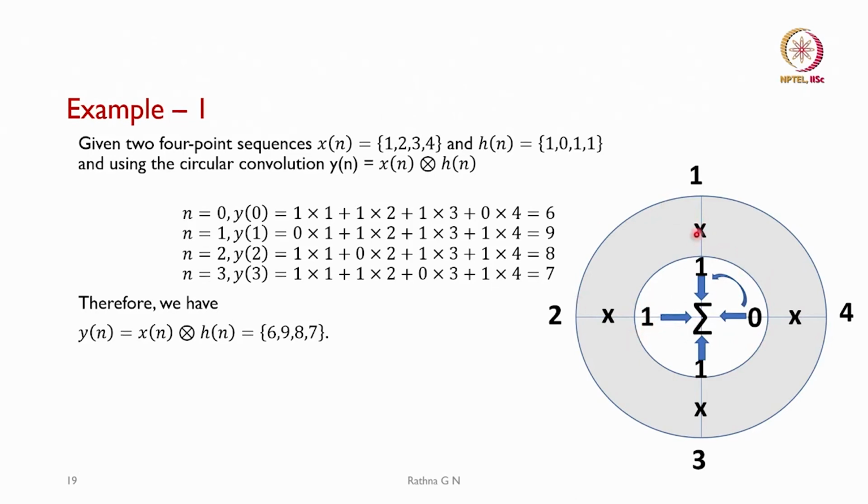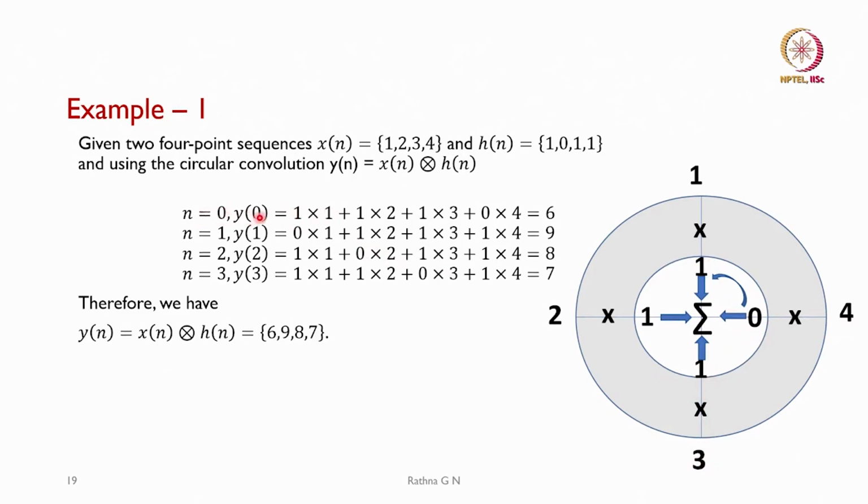When I do it the first time, we have aligned the x of n and h of n together, and we multiply these two numbers, and then all of them we multiply. You will be seeing 1 into 1 is 1, 2 into 1 is 2, 0 into 4 is 0, and then here 1 into 3 is 3.